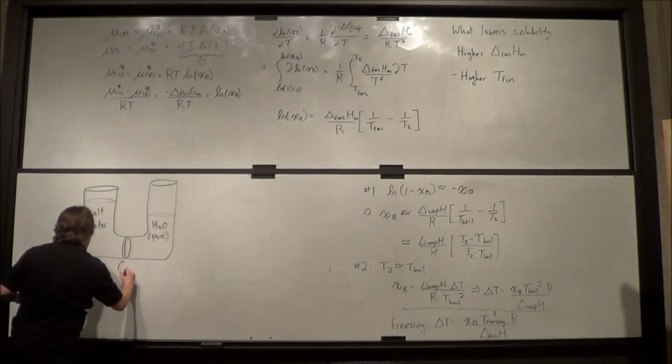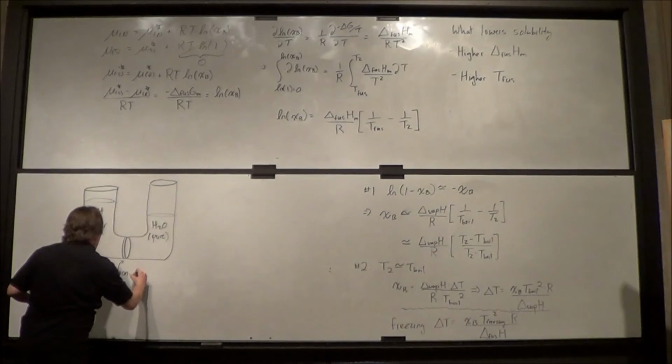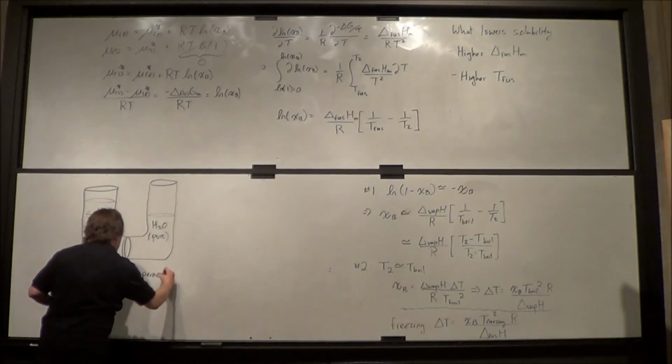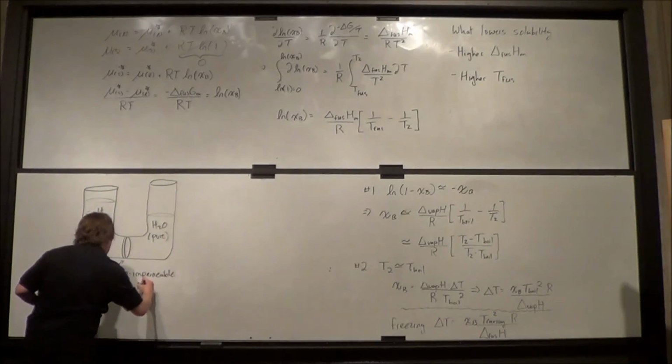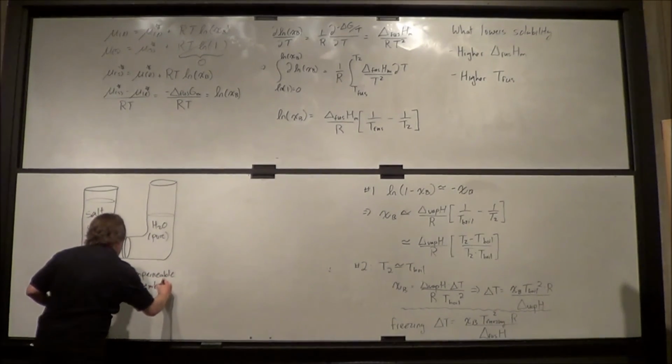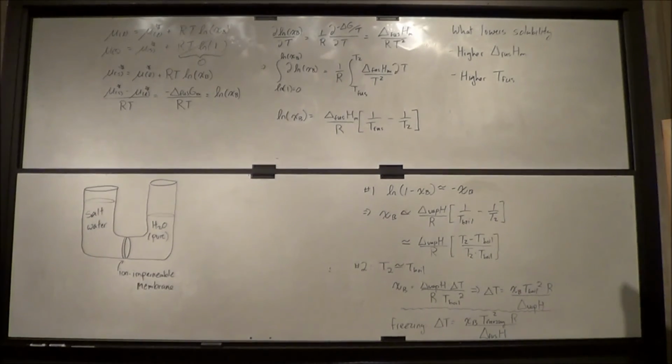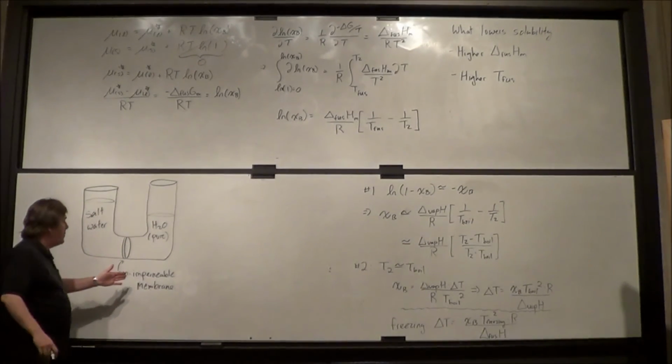And this is an ion impermeable membrane. You can literally build this out of cell tissue, these ion impermeable membranes.